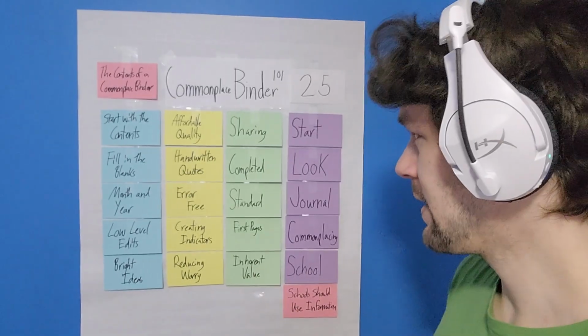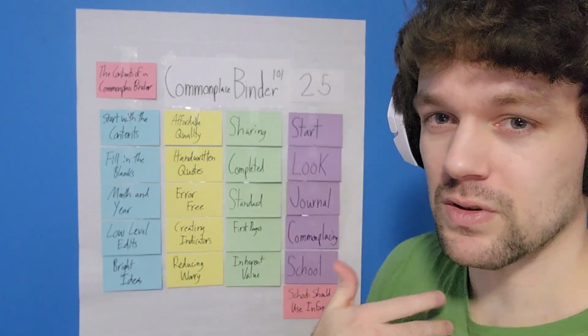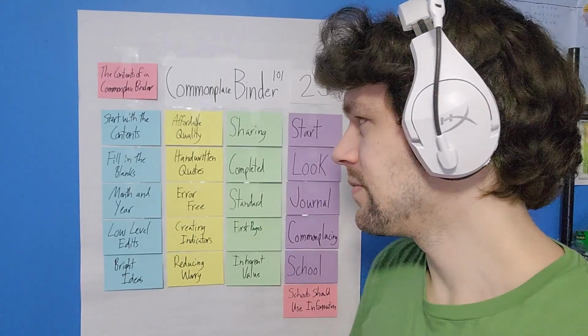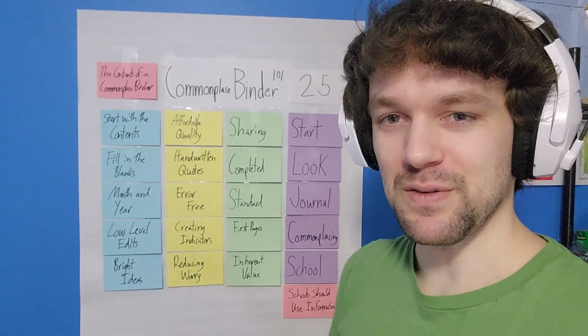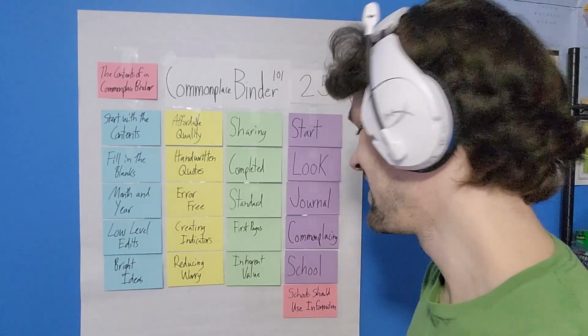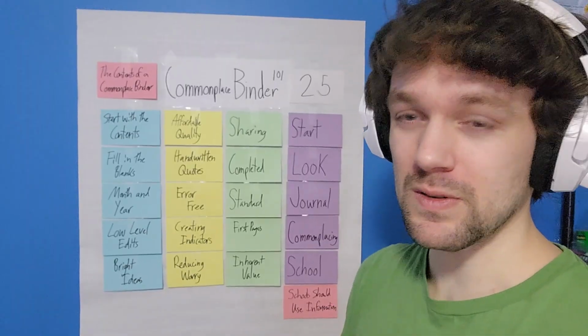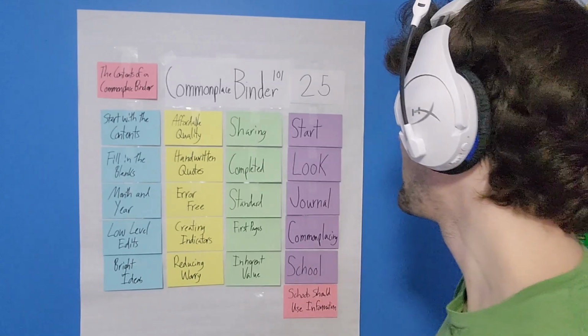Inherent value. The contents will have inherent value to you, probably, or me, I guess, if it's mine. But other than that, you're throwing stuff in. So maybe it has inherent value. Maybe paper is going to be the new currency. I don't know about that.